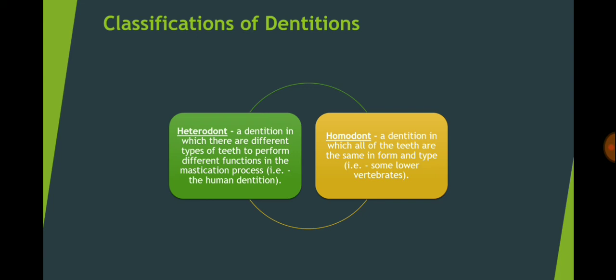An example of a heterodont is the human dentition. Homodont is dentition in which all the teeth are the same in form and type. Some of the lower vertebrates are homodonts, but humans are heterodonts because we have different types of teeth. We have canines, we have incisors, we have molars.